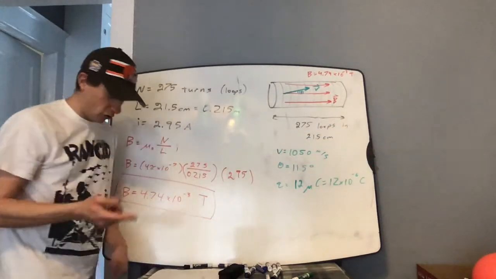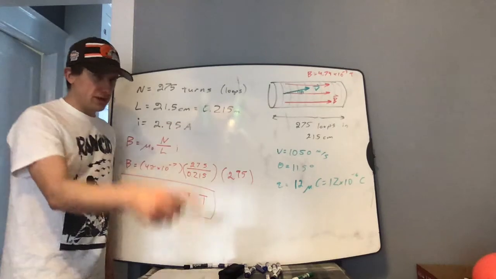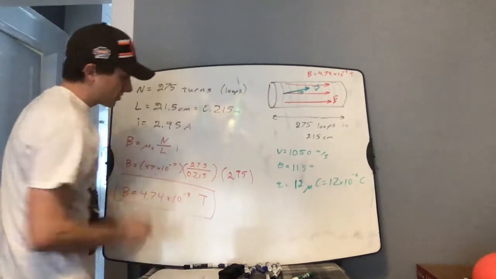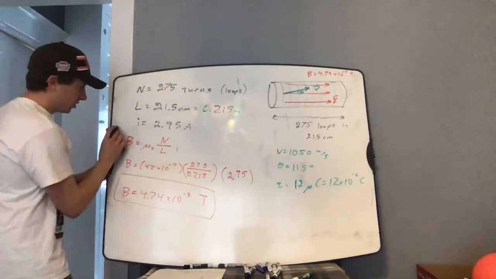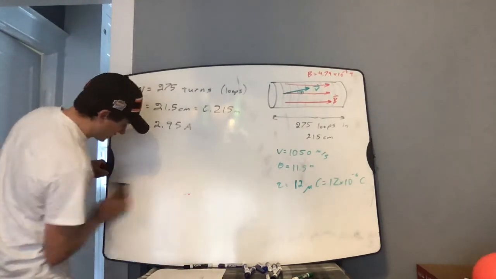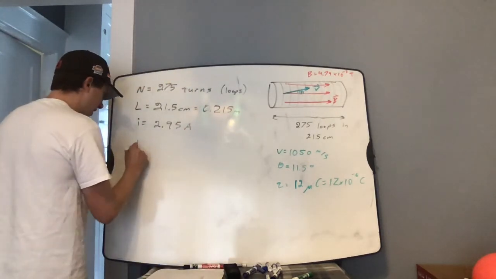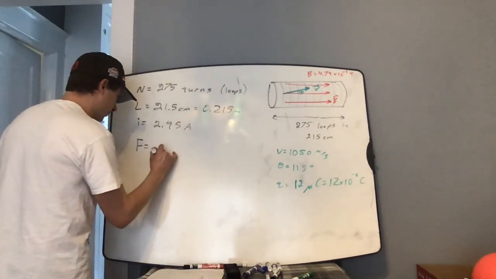A particle will move around and around in a circle, but forward, forming a helix. This is going to be that type of motion. So I could say the force on the particle is given by F is equal to QVB sine theta.